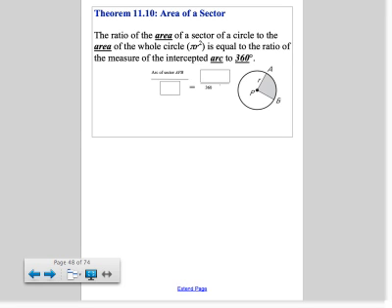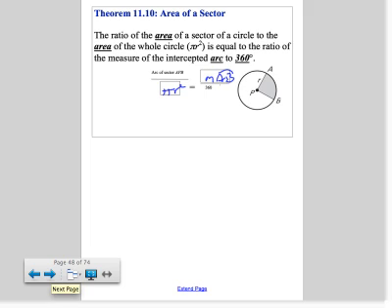So the area of a sector, you're going to notice this one sets it up as a proportion. The area of a sector can be set up as the area of the sector over the area of the whole circle, pi r squared, equals the measure of the intercepted arc, so the measure of arc AB here, over 360.